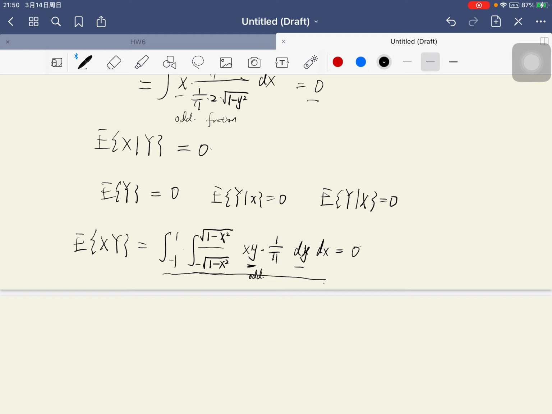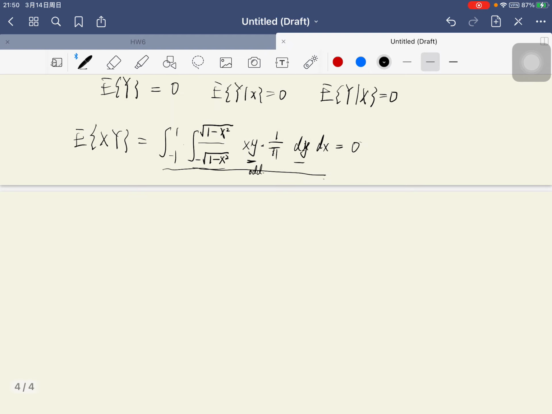So the expected value of XY is equal to 0.